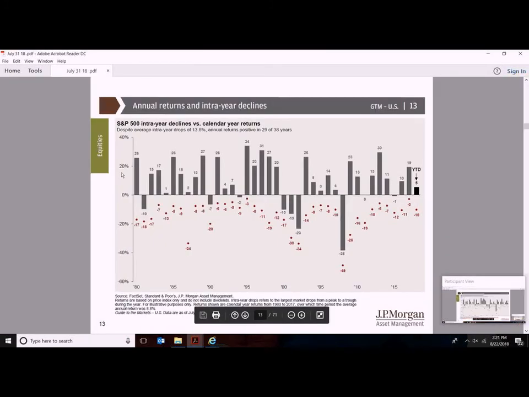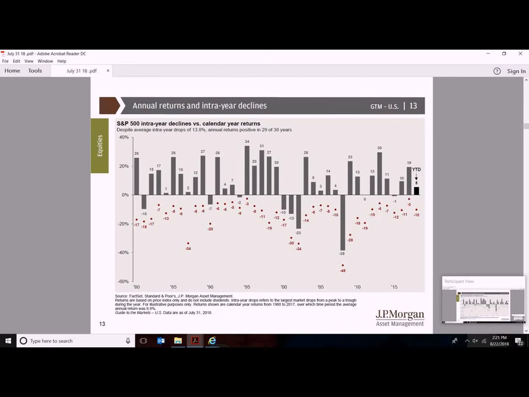Okay, so next, I'm going to jump over to declines in the market and what historically has happened, just to keep it in perspective. So this chart will show the S&P 500 intra-year declines versus calendar year returns. Essentially, it's going back to about 1980, and it's showing us that each and every year, if you simply bought the S&P 500, the 500 largest companies, held between January 1st and December 31st, these would show you the years and how much positive return you earned.